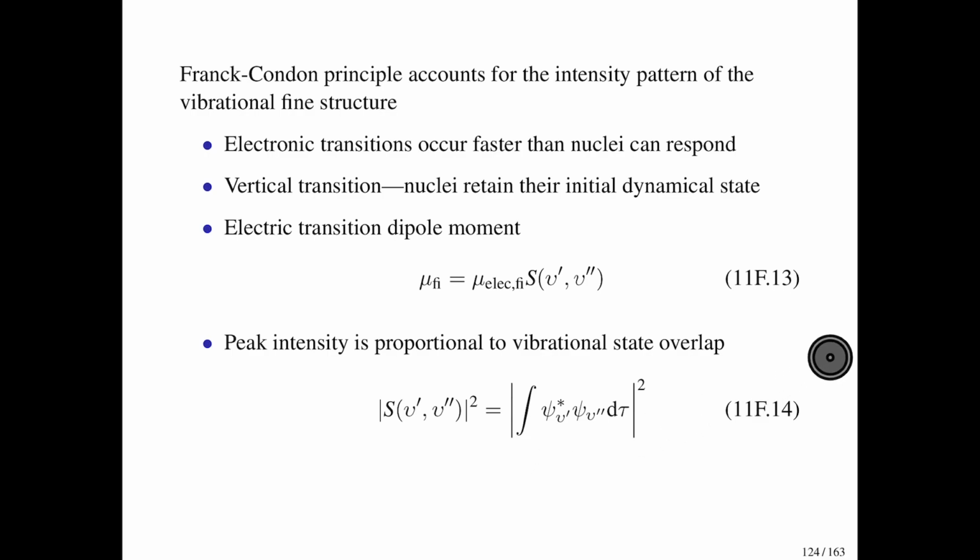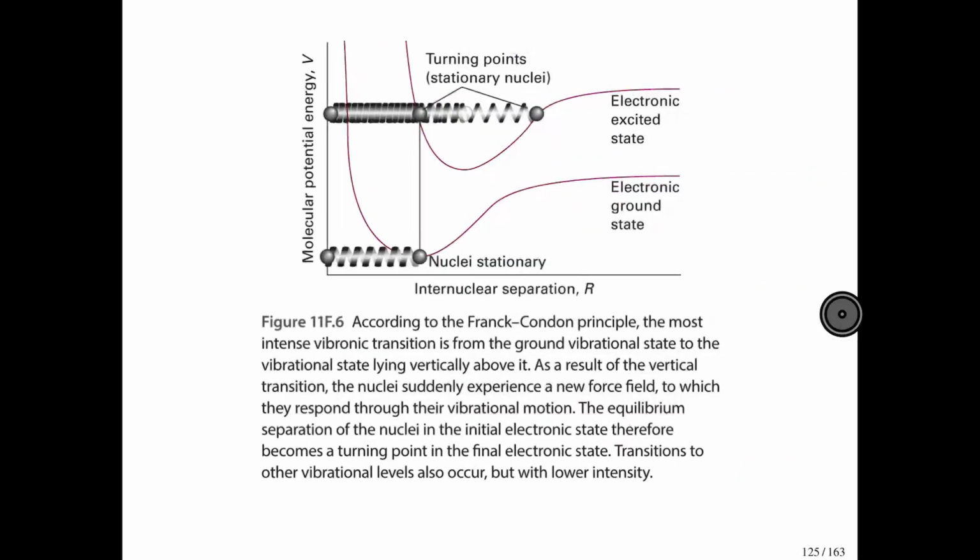That's going to be illustrated in some of the upcoming figures. But the thing to remember from this slide is that the intensity of a vibrational transition in an electronic absorption spectrum is governed by this Franck-Condon overlap, an overlap of two vibrational wave functions. And we'll see some figures to illustrate that.